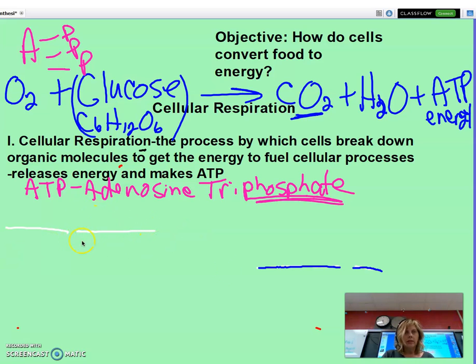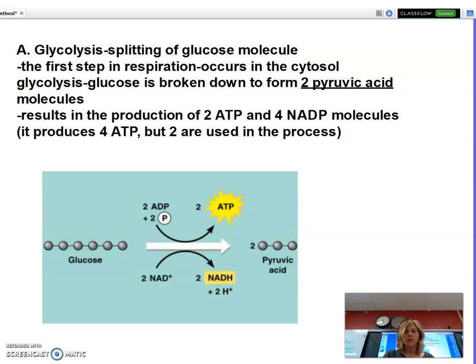Because this disappeared, please know that I just transferred it. There it is, magically. Glycolysis, the splitting of the glucose molecule. This is the first step in cellular respiration. There are 3 steps that we're going to talk about. So here's our 6-carbon glucose. Remember, we said it was C6. Each one of these dots represents a carbon.